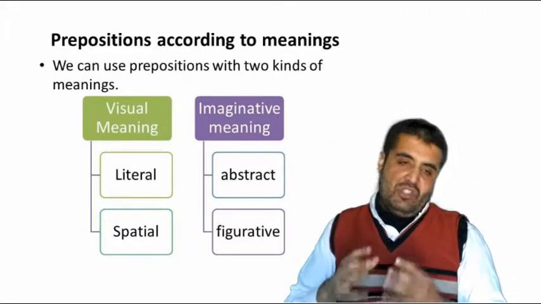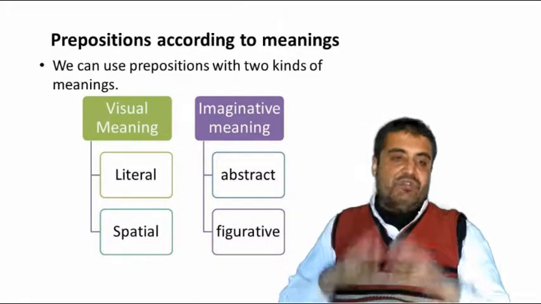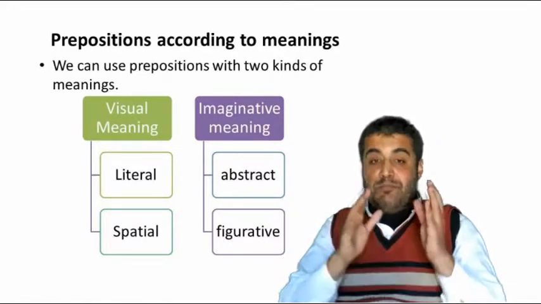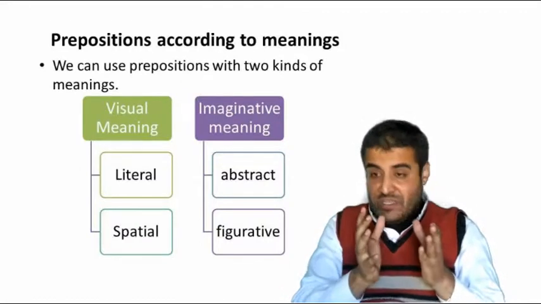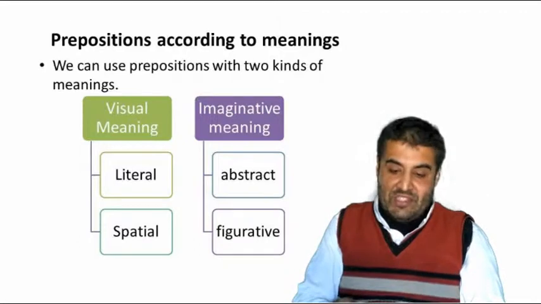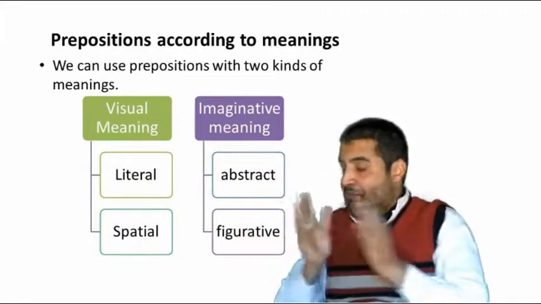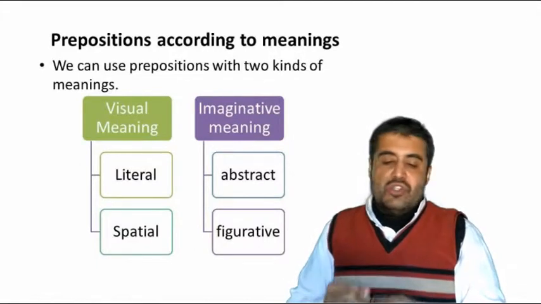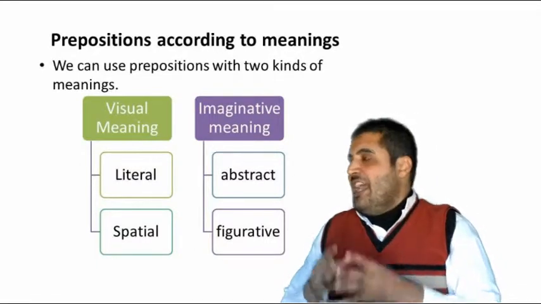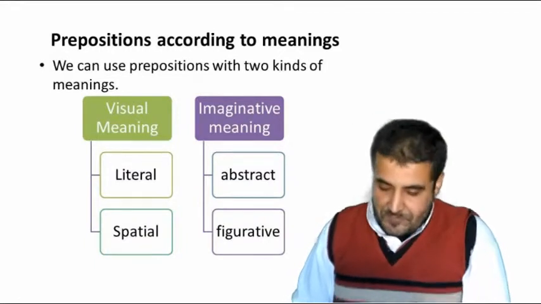But when prepositions show us physical things which we can see, like the book is on the table, the book exists, we can see it, we can visualize it, we can touch it, they are tangible things, physical things, and so is the table. Both the subject and the landmark are tangible things. So we can say that these prepositions have been used with a visual meaning, right?